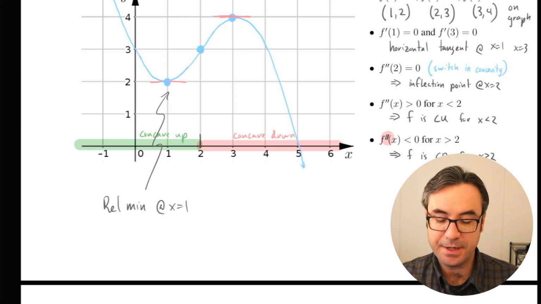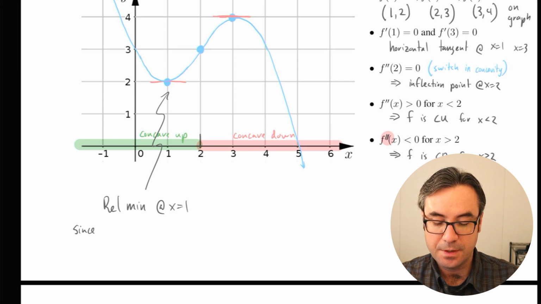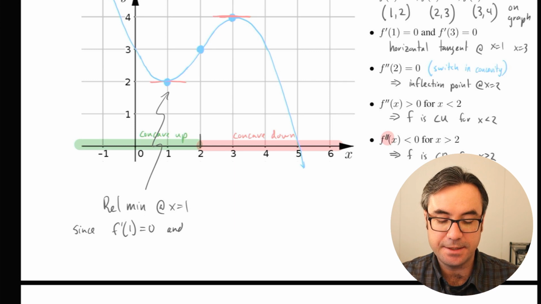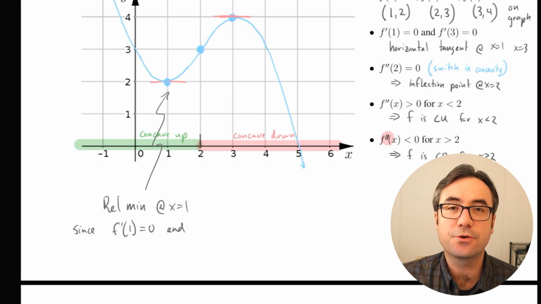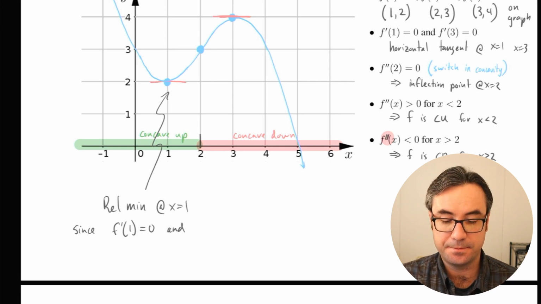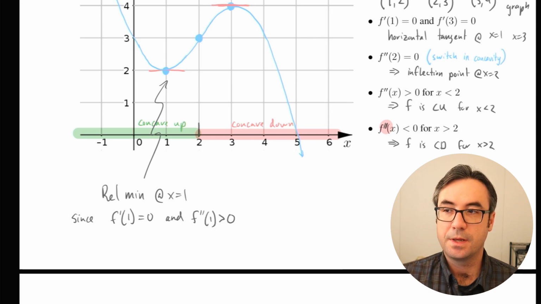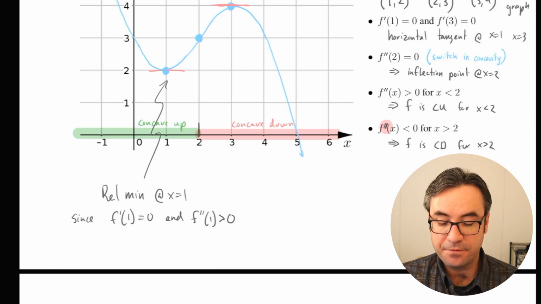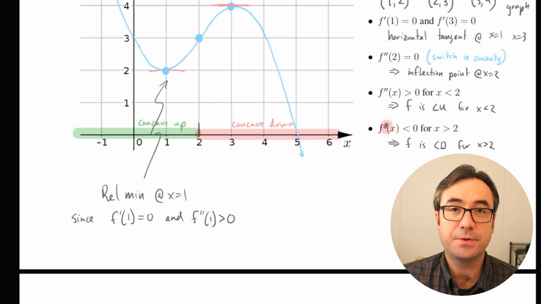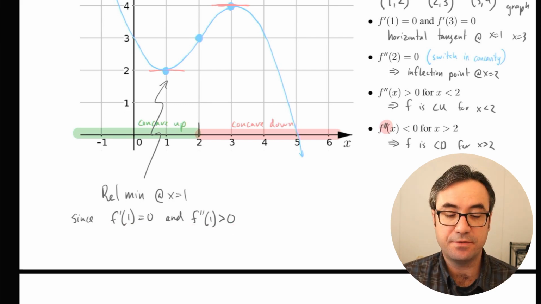And the reason is because f prime of 1 is equal to 0, and the second derivative was positive there. And this is going to be true for any x value. If the first derivative at an x value is 0 and the second derivative is positive, well, then we're going to have a relative min.